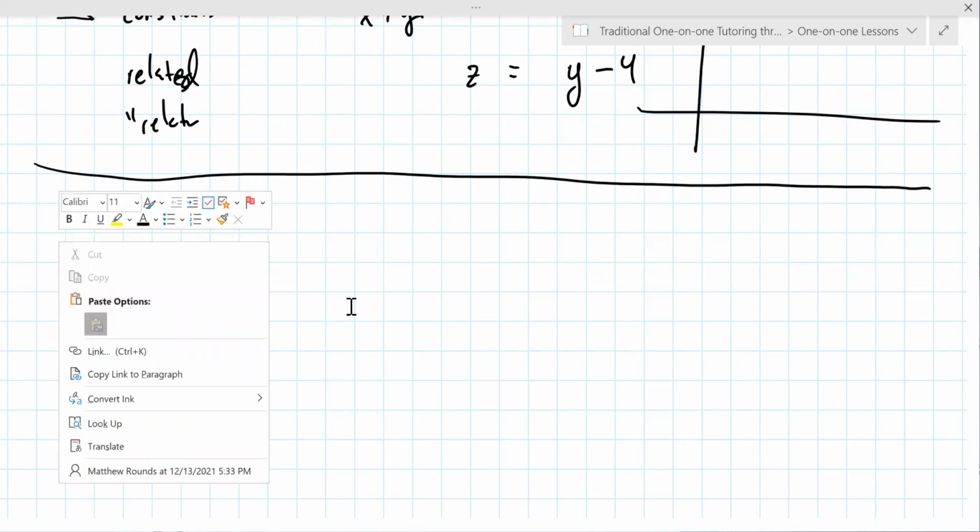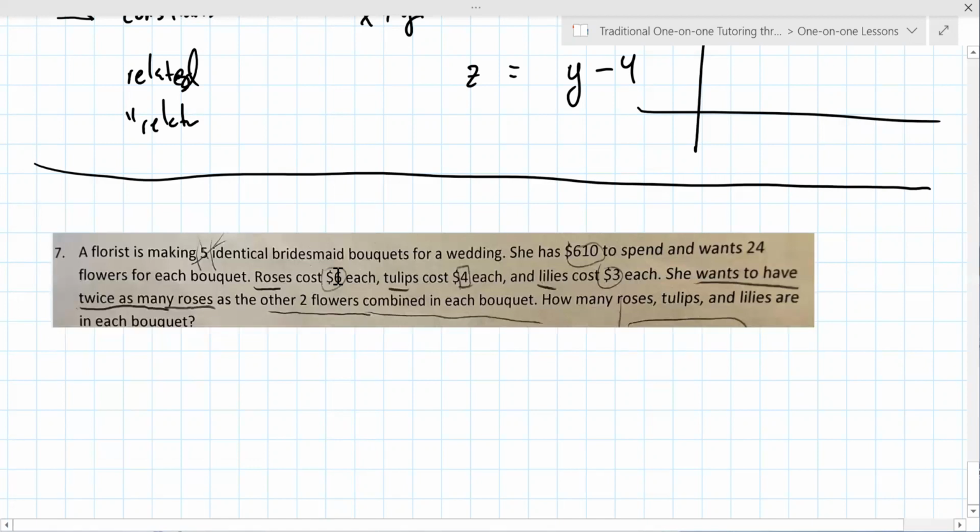I got the snipping of the question here. A florist is making 5 identical bridesmaid bouquets for a wedding. She has $600 to spend and wants 24 flowers for each bouquet, with roses, tulips, and lilies.